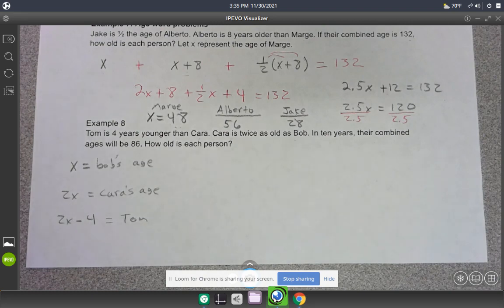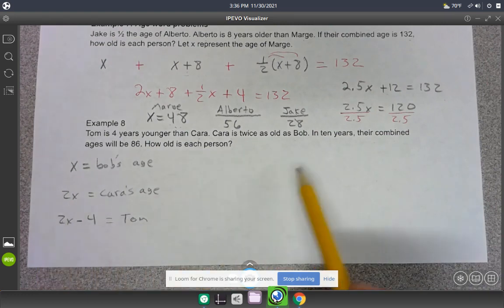Well, here's what I know. I know that in 10 years, each of them will have aged, plus 10. So that's a total of 30. So right now, their combined ages, all three of these, is actually adding up to 56.